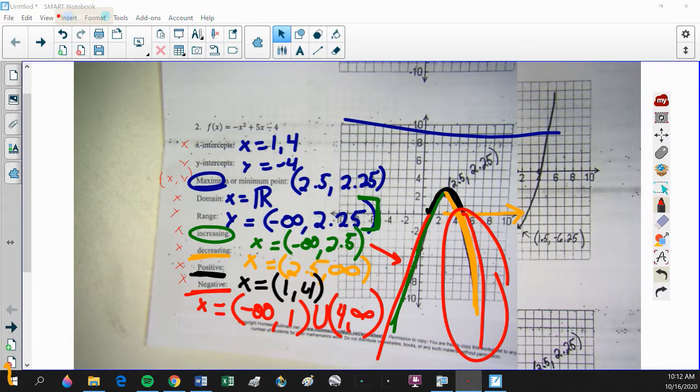It doesn't cross, but it bounces at -3. So if that is your path that you're driving, do you ever go above sea level? No. Are you ever not below sea level? Yes, at one number, at -3. Okay? All right. Get to work.